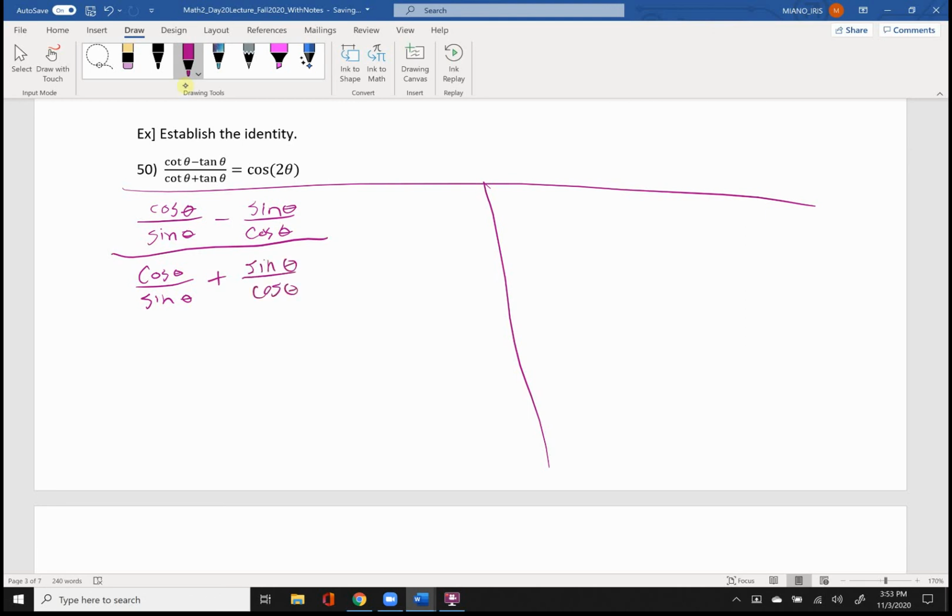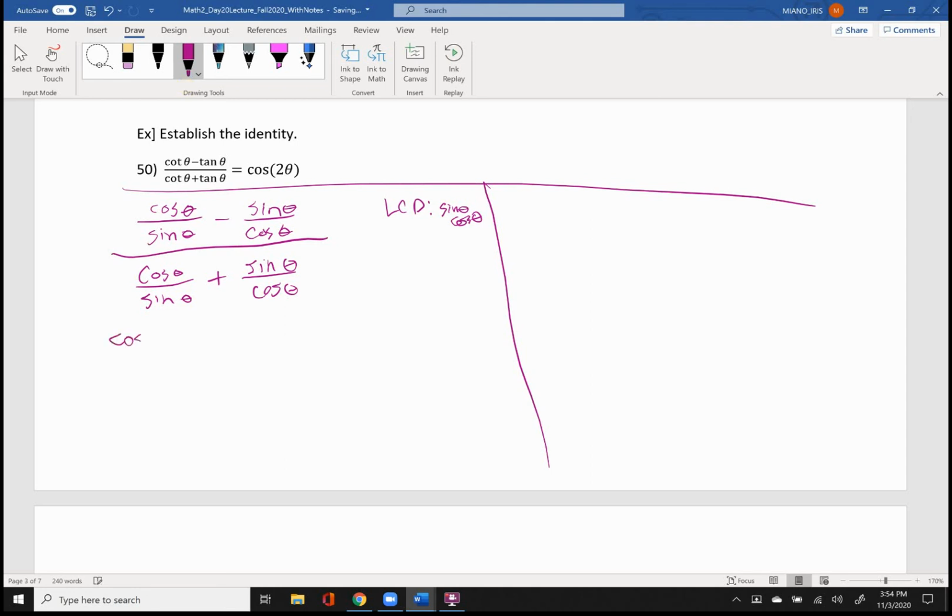Okay. And what do we want to do here? We want to get a common denominator going on. So we need to have the LCD for both supernumerator and superdenominator of sine theta, cosine theta happening. So that means we'll multiply by a cosine over cosine here, sine over sine there, and so on and so forth. And in doing so, we will have the following.